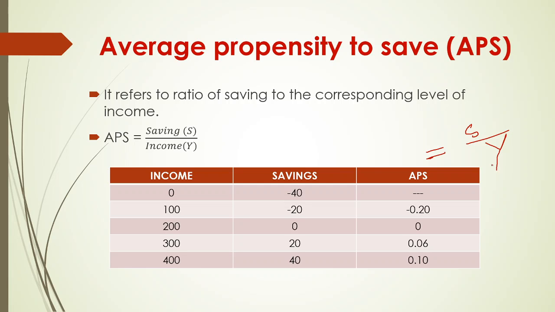Then 0 by 200 is 0. Then 20 by 300 is 0.06. Then 40 by 400 gives us 0.10. In this way we find the APS, average propensity to save.